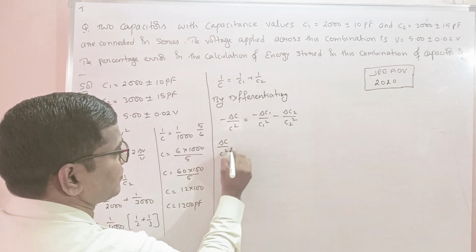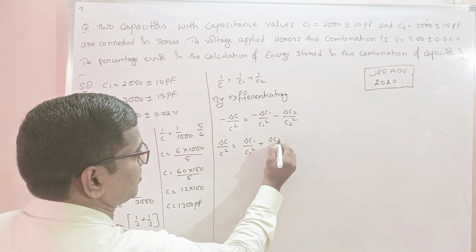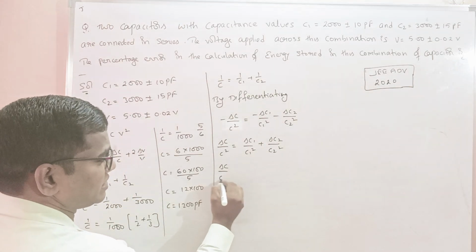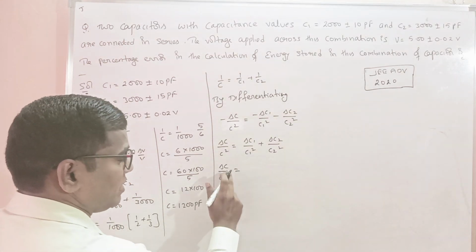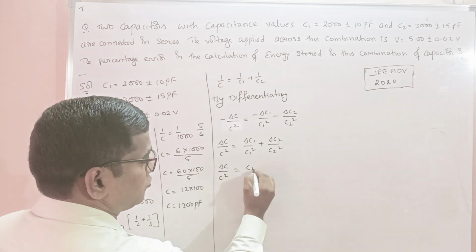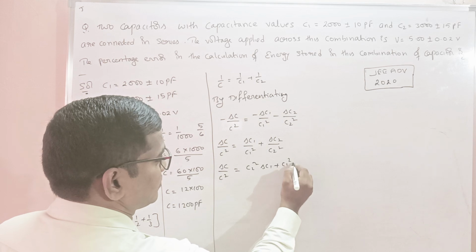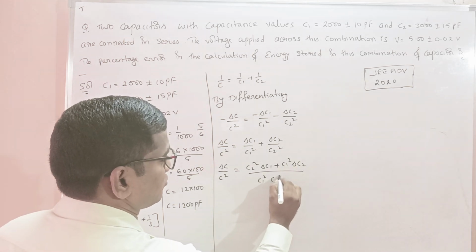Delta C by C² = delta C1 by C1² + delta C2 by C2². Doing the LCM, delta C by C² = (C2² delta C1 + C1² delta C2) / (C1² C2²).